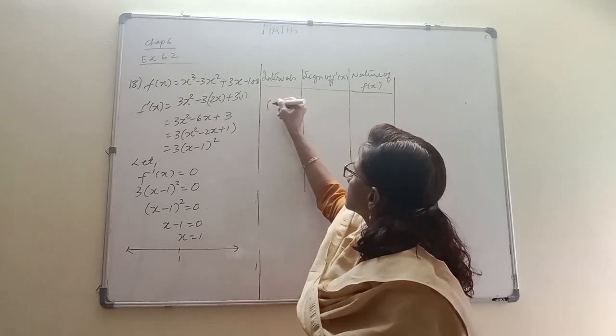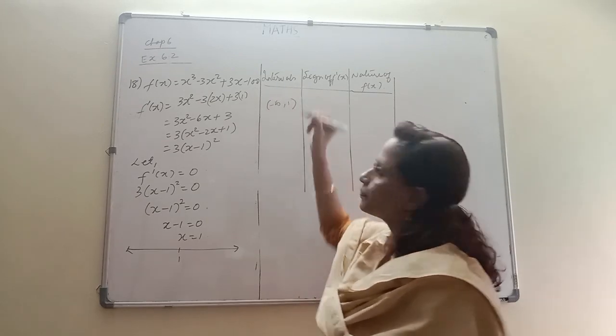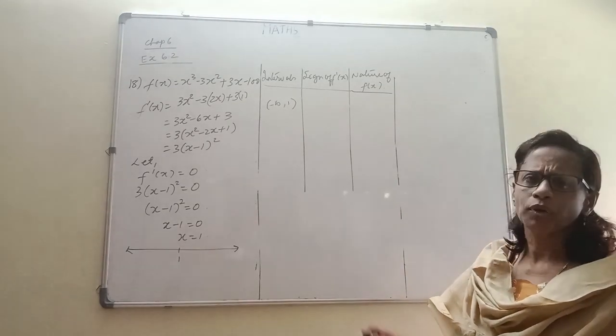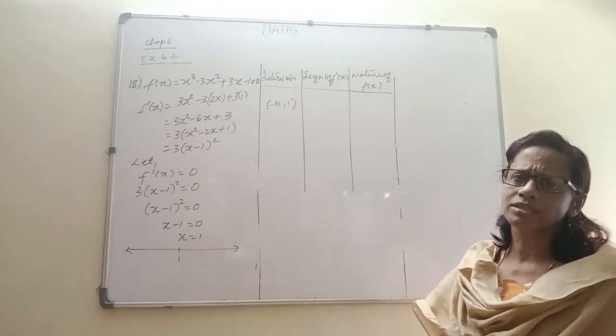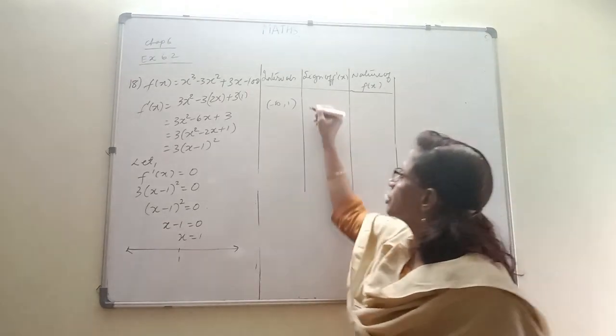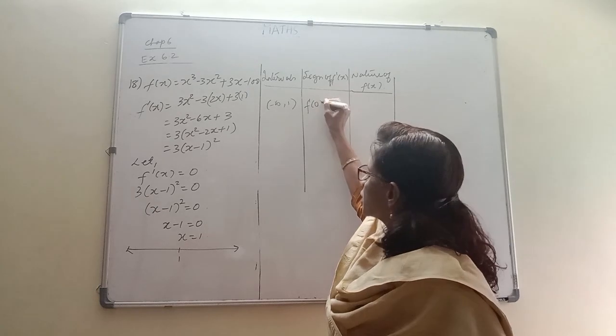So let's take this minus infinity to 1. Let's take that interval. And from minus infinity to 1, any point we have to check as usual. So let's have the 0. 0 fortunately is there. So f dash at 0, let's check.